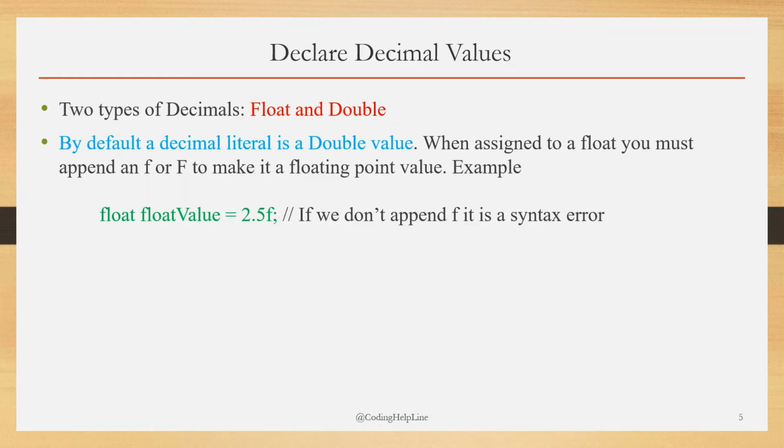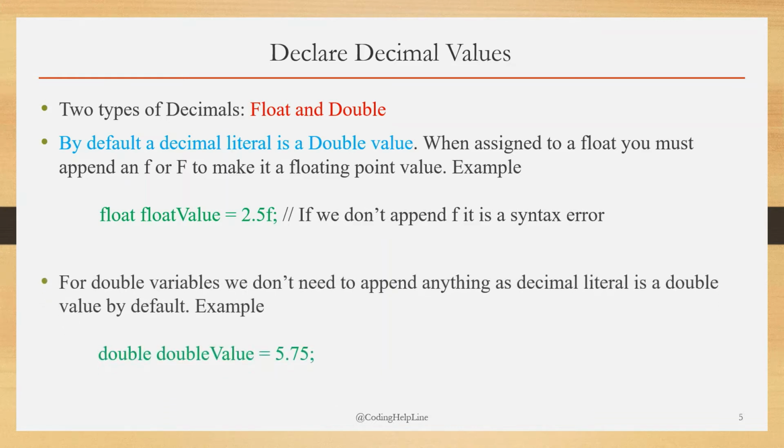Otherwise, there will be a syntax error, because by default, this decimal literal is a double value. For double variables, we don't need to append anything as a decimal literal is a double by default. So we can assign a decimal literal, a floating point literal, to a double value.